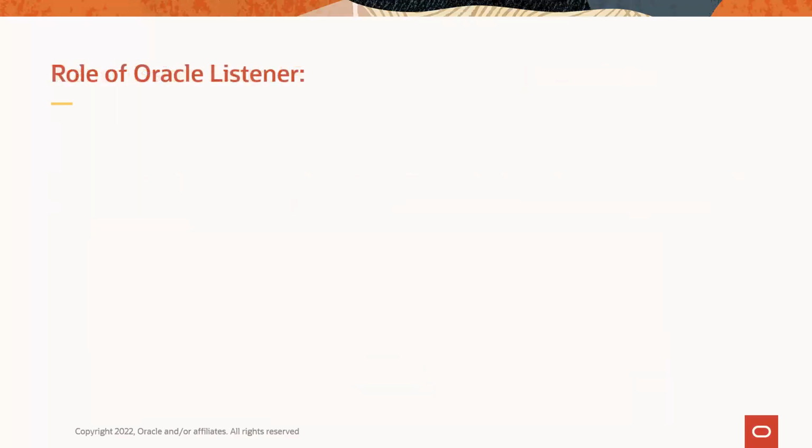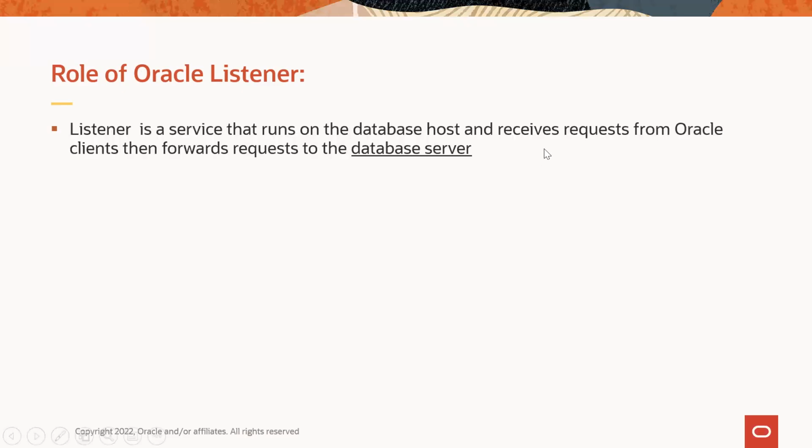So what is the role of the listener? At the Oracle database, it is the listener which acts as the port serving the connection, taking the connection and handing it over to the database server. The listener is a service that runs on the database host, receives requests from the Oracle client, and then forwards that request to the database server.